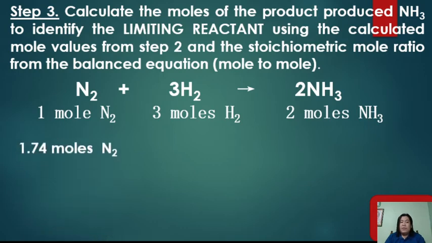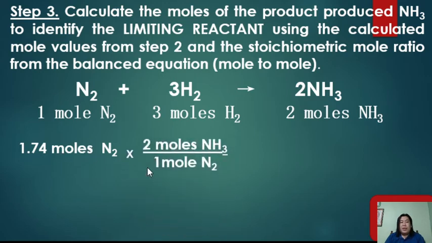So the computed value of moles for nitrogen gas is 1.74 moles of nitrogen gas. This value came from step 2. The stoichiometric mole ratio is for every 1 mole of nitrogen gas reacted, 2 moles of ammonia are produced. So you cancel the number of moles, and then you will get 3.48 moles of ammonia.